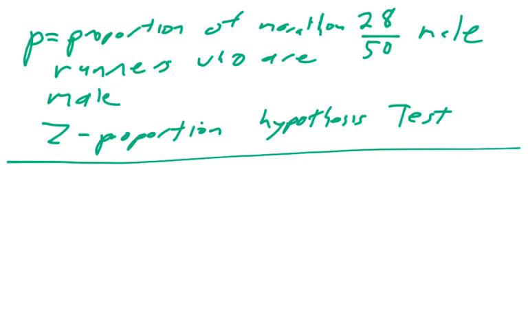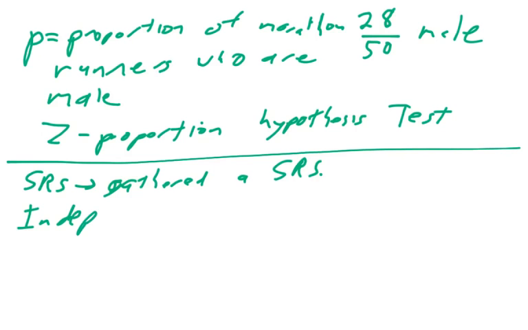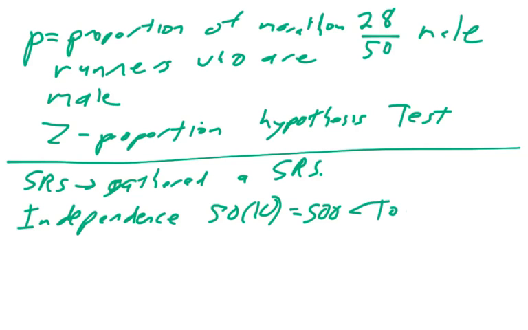And once we know this, if I was in class and we did this, it would be an SRS because of the way we gathered the sample. And independence: 50 times 10 equals 500, which is less than the total number of people.